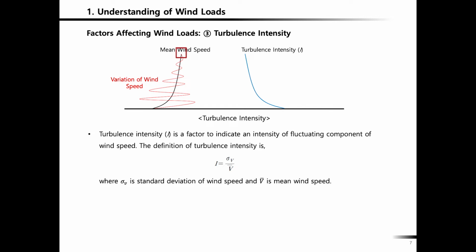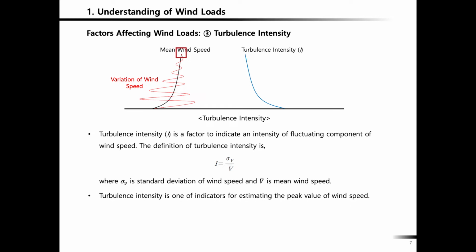Standard deviation is very small. But not only the standard deviation of the wind speed, normalized by the mean wind speed. That's called turbulence intensity. Okay? So it's nothing else other than the ratio of a standard deviation and mean of a wind speed.